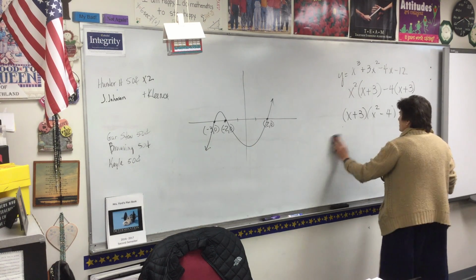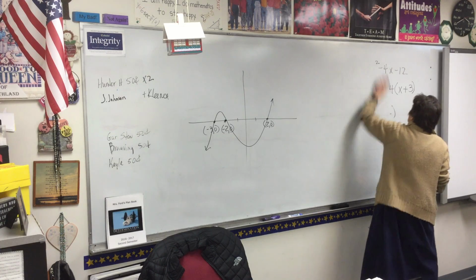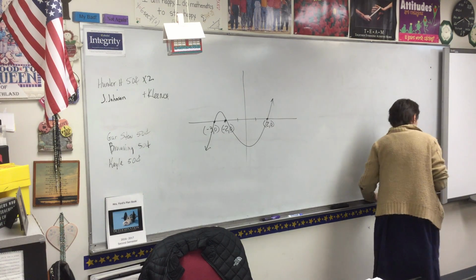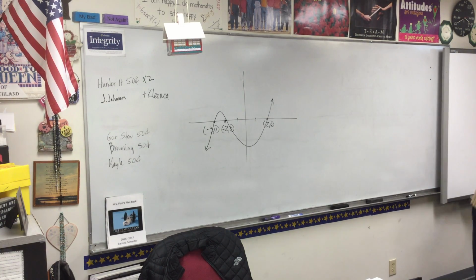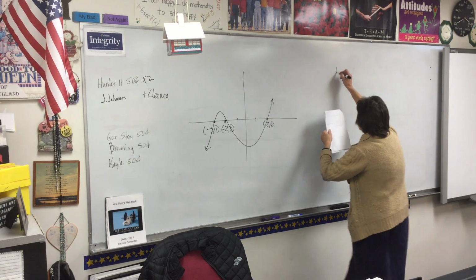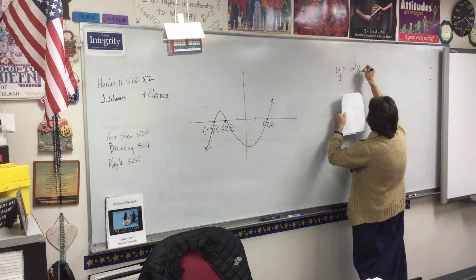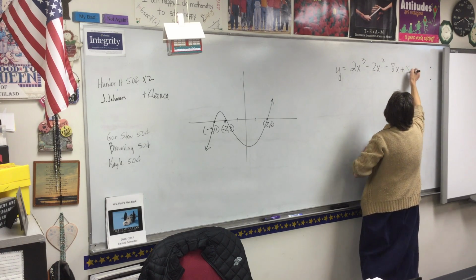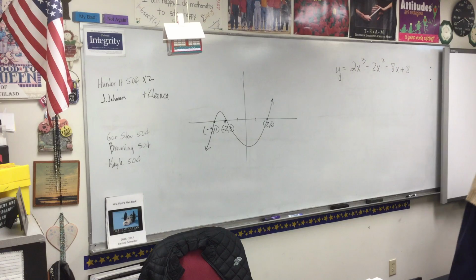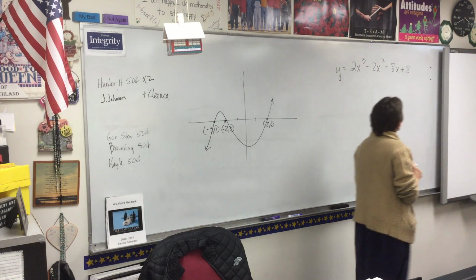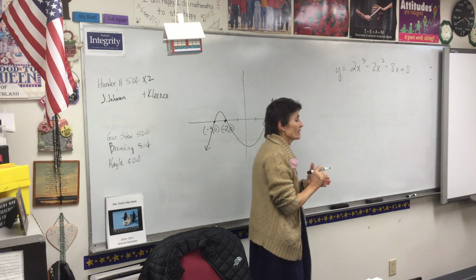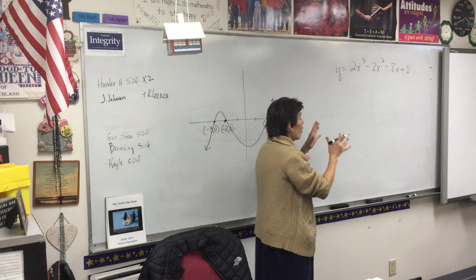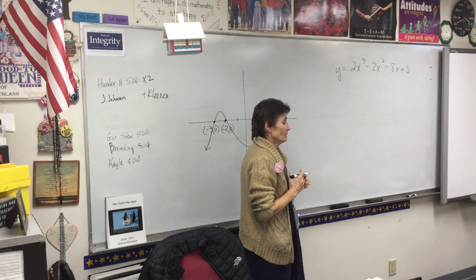Let's try one more. Then we'll get some excitement going. Here we go. We're going to sketch this one. All right, Tex, what do you think? Your job is to draw a picture of this.